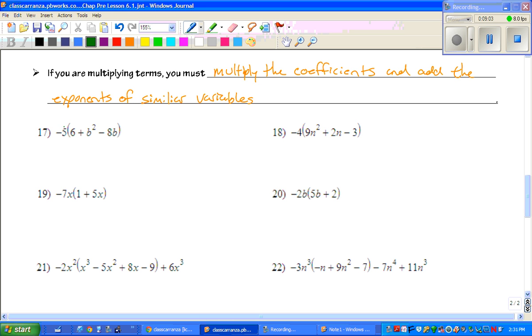So for number 17, we multiply, so it's negative 30, negative 5b squared, negative times a negative, positive 40b. Now, I got to make sure that's in standard form, so that's negative 5b squared plus 40b minus 30. So all I did was just rewrite it, okay?